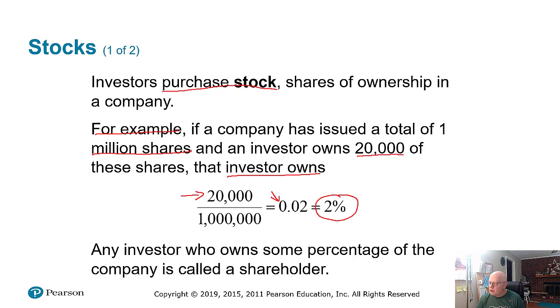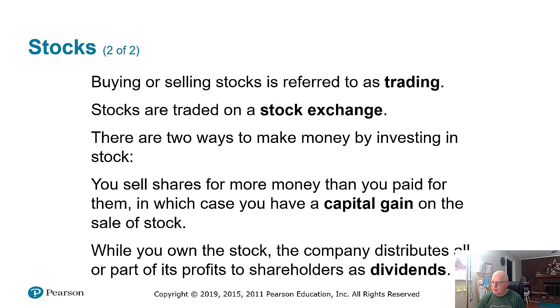Notice this, do the division, get a decimal, change the decimal to a percent. So the investor owns part of the company, and they're called a shareholder. If you decide you're going to buy it or sell it, that's called trading. That's talking about the stocks. They're traded on a stock exchange, not necessarily the one up north, but at the stock exchange somewhere.